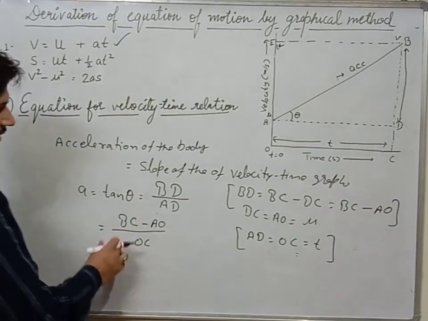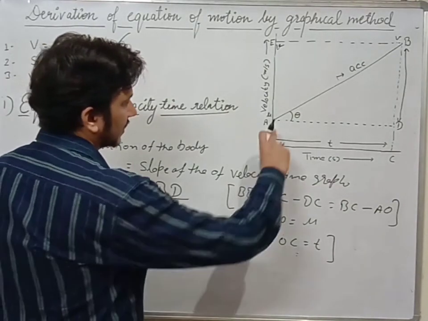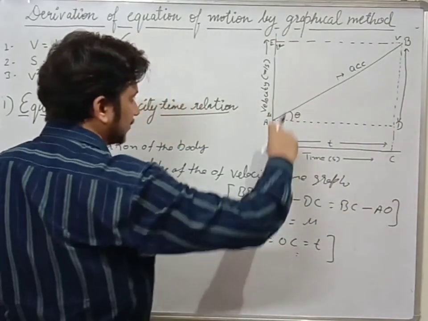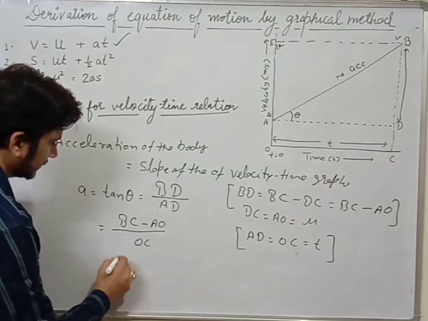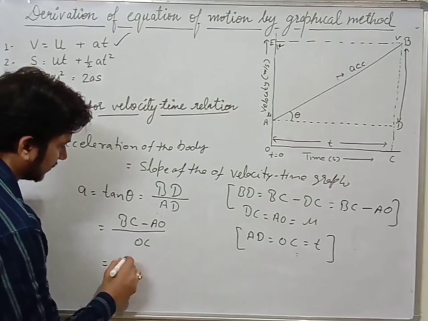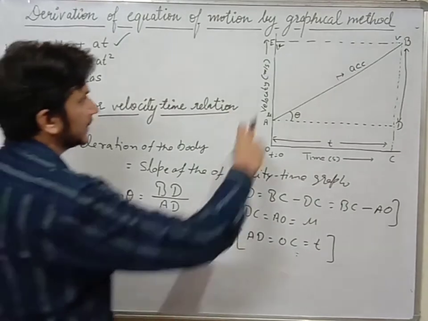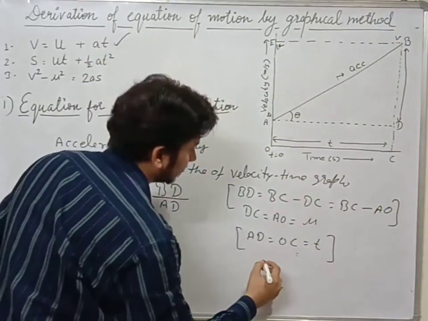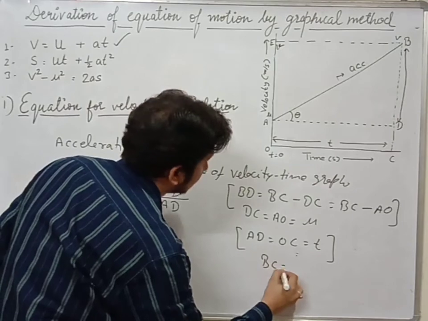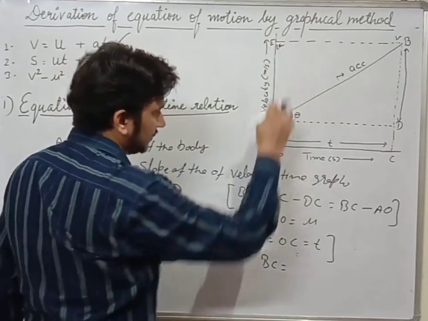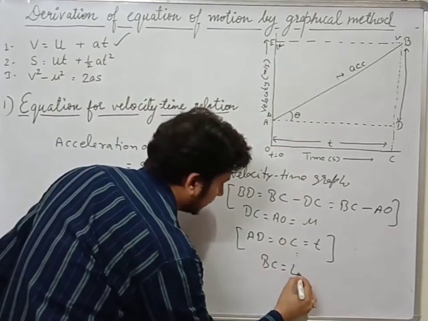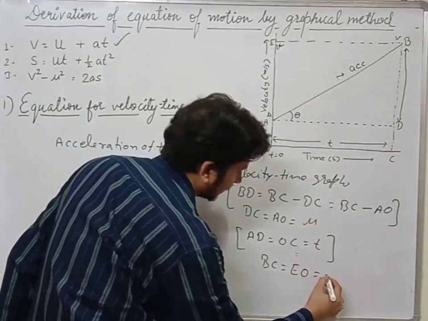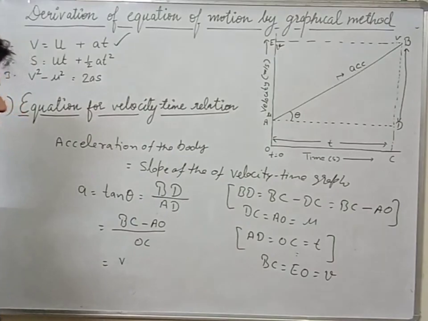Now BC equals EO, and EO equals v, the final velocity.